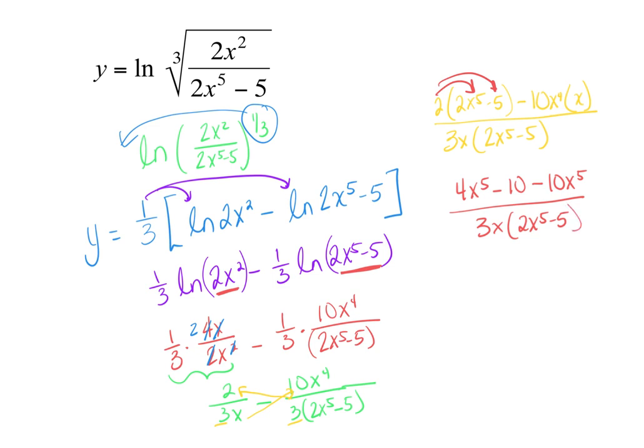That's okay, it doesn't matter. It's not going to help you to distribute or help you to keep factored. Either one's fine. I do want to combine my like terms here, right? So 4 and negative 10 give me a negative 6x to the 5th minus 10 over 3x times 2x to the 5th minus 5.